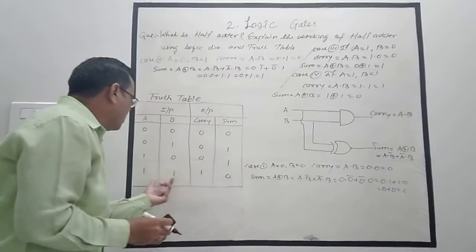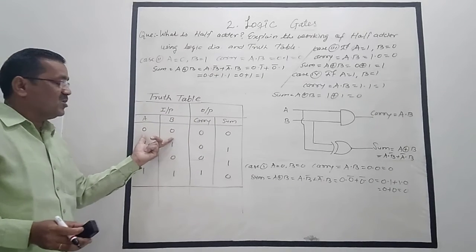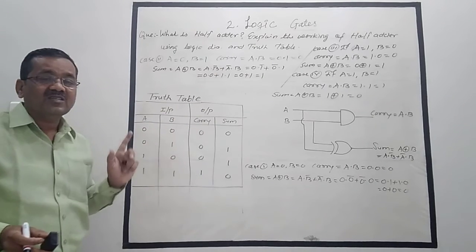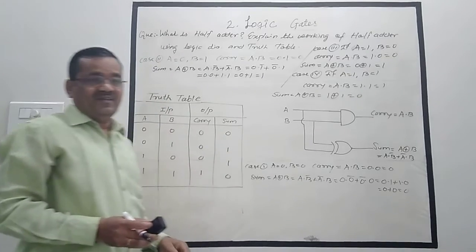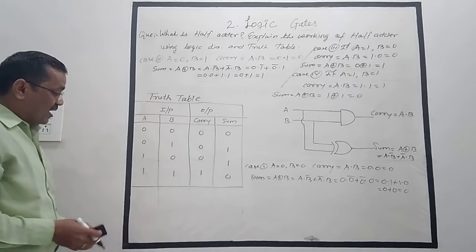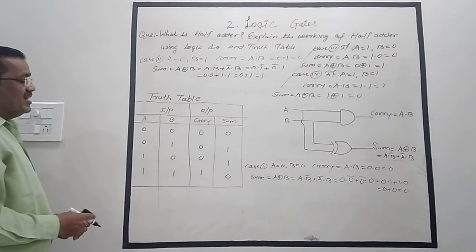Because if both the inputs are high, then output is low. If both the inputs are low, then output is low for this sum. That explains the XOR gate as a sum.